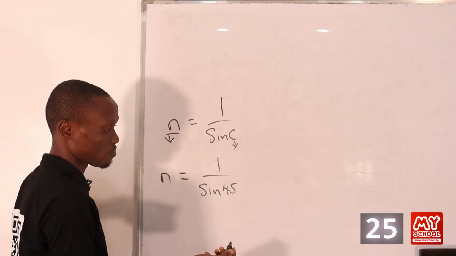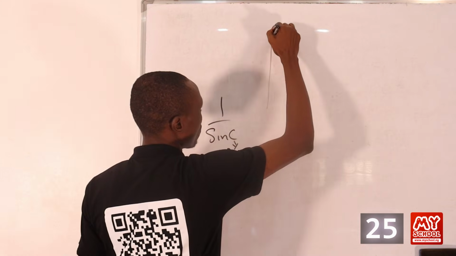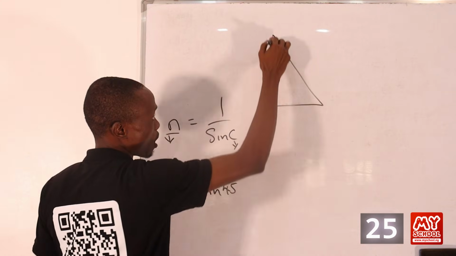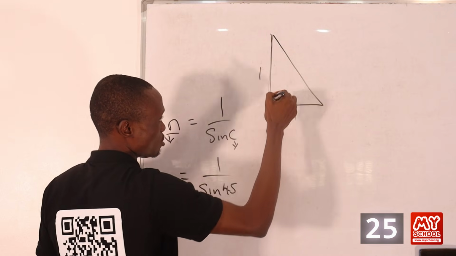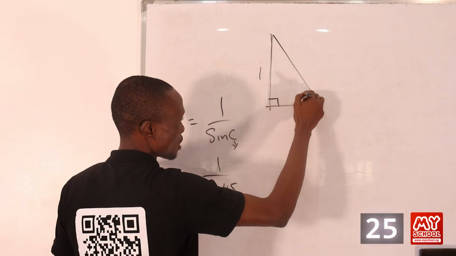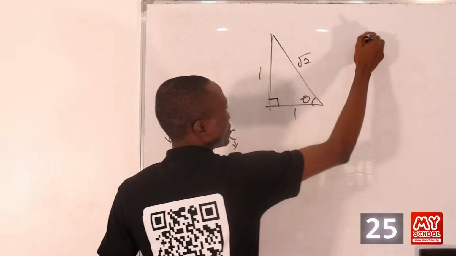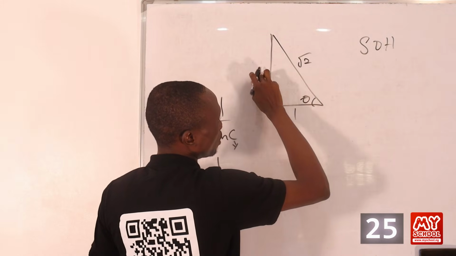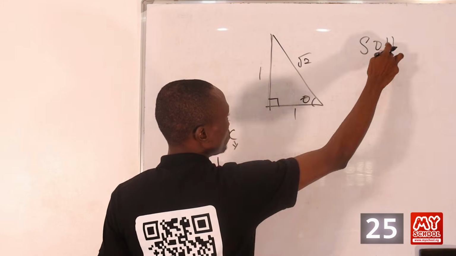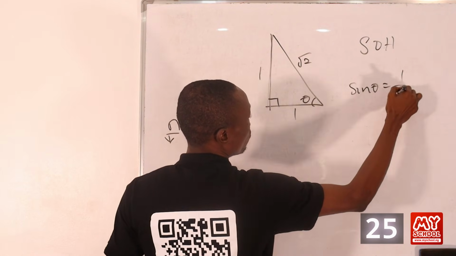And sine 45 is the same thing as 1 over root 2. Remember that 45 is one of those special angles. So here will be 1, here will be 1, here is your 90 degree, here is the angle, while here is root 2. Since we are talking about sine, that means opposite over hypotenuse, so sine theta is equal to 1 over root 2.